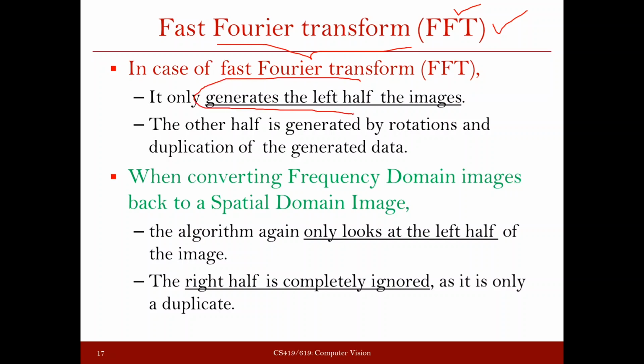It generates only half of the image, and particularly the left half of the Fourier image, because the right half is going to be symmetrical. So that is why it doesn't generate both of them. To make the algorithm faster, it only generates the left half of the Fourier transform image. Okay.